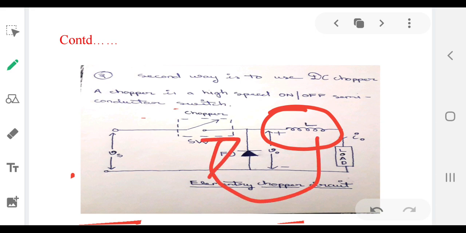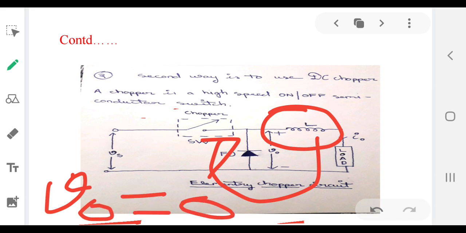Now if we apply Kirchhoff's voltage law in the turned off position, V0 is equal to 0. Now we have two equations. First, when the switch was turned on, Vs was equal to V0, and when the switch is turned off, V0 is equal to 0.